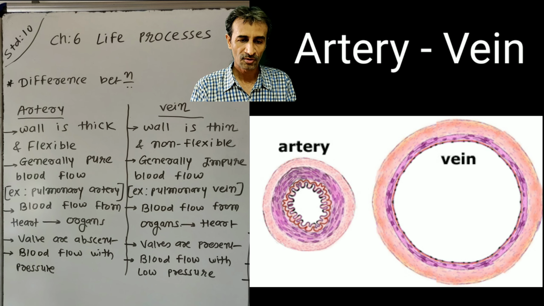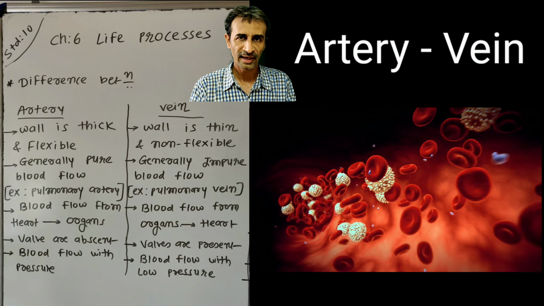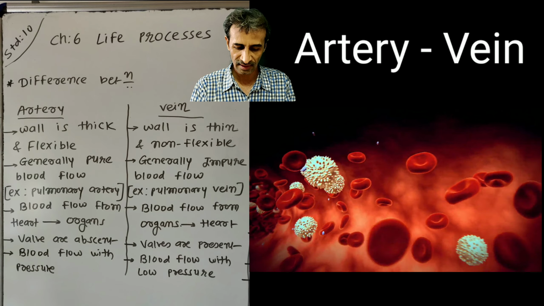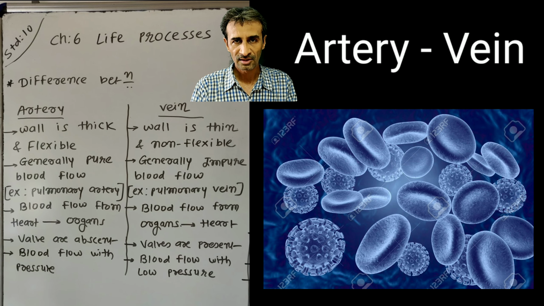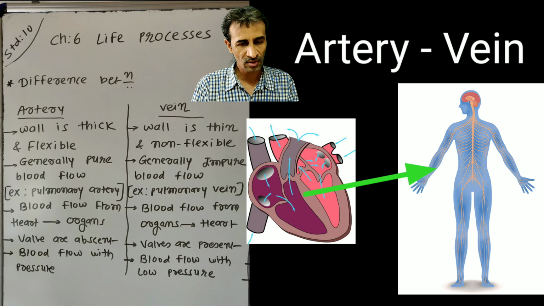In artery, the wall is thick and flexible. In a vein, the wall is thin and non-flexible. In artery, generally pure blood flows, and the exception is the pulmonary artery. In a vein, generally impure blood flows, and the exception is the pulmonary vein. Third, in an artery the blood flows from the heart to the organs.